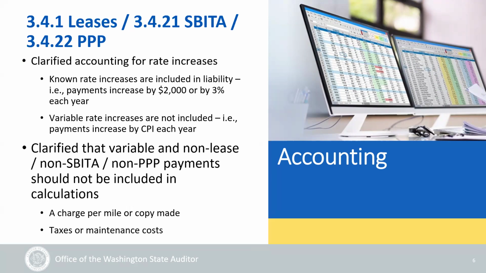Examples of fixed rate increases are contracts that say payments will increase by $2,000 per year, or perhaps by 3% per year. On the other hand, if the increase is variable, then it should not be included in the calculations. Non-lease payments such as taxes, maintenance costs, charges per mile, or charges per copy should not be included either.